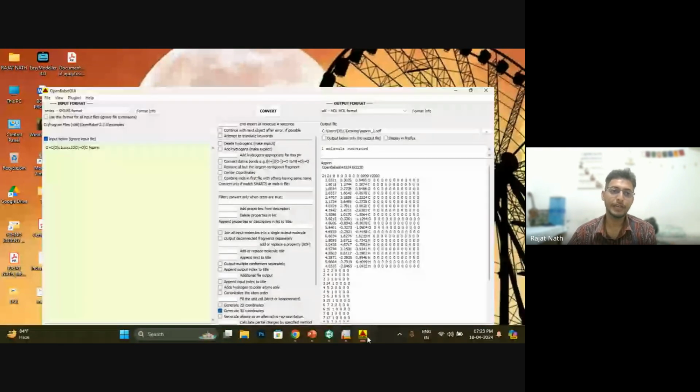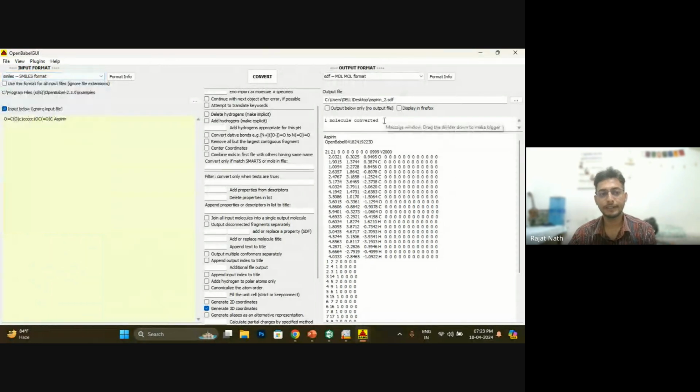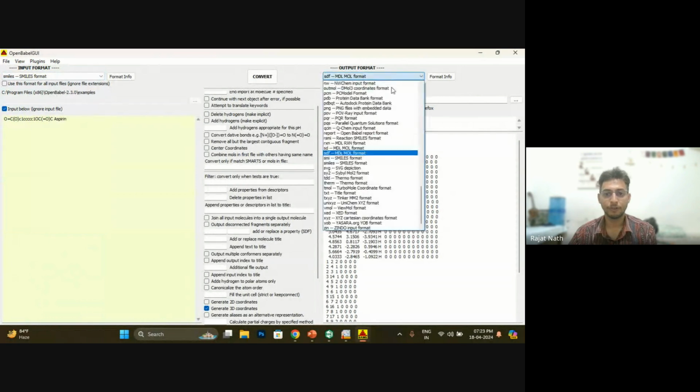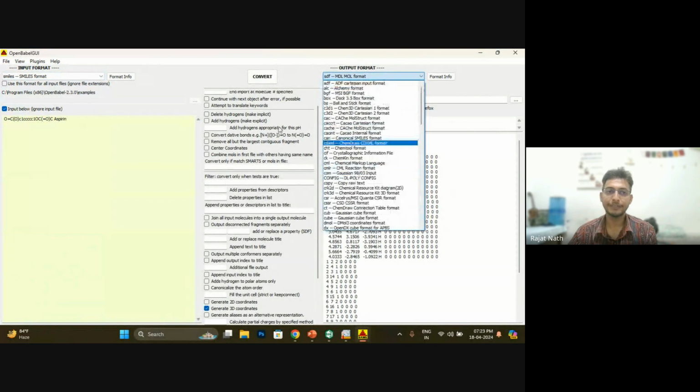In this software, you can just select the input format and select the output format. You can convert any format to any format. So this is a very important software for bioinformatics. Just Google the name Open Babel and you can download it freely.